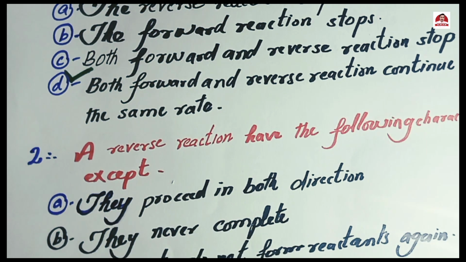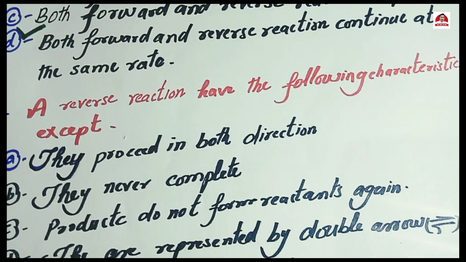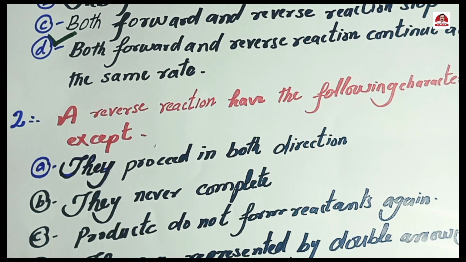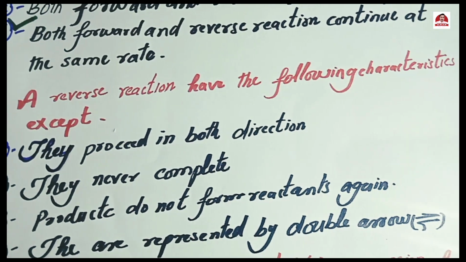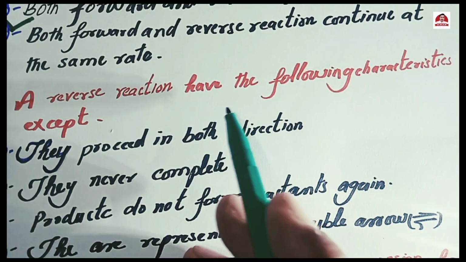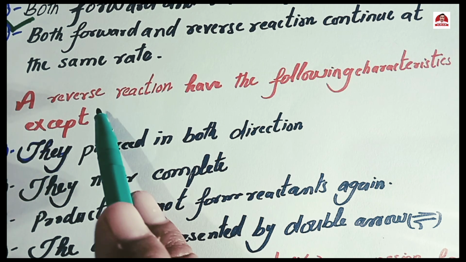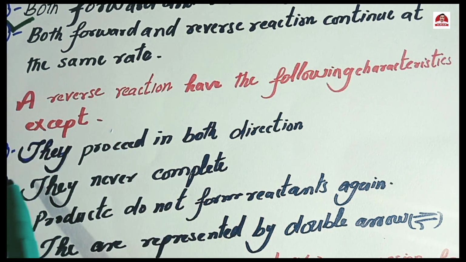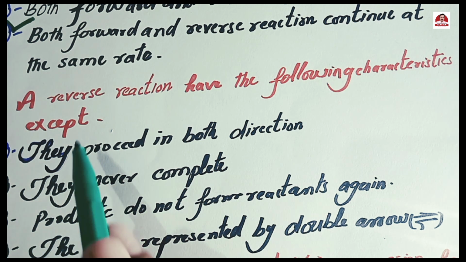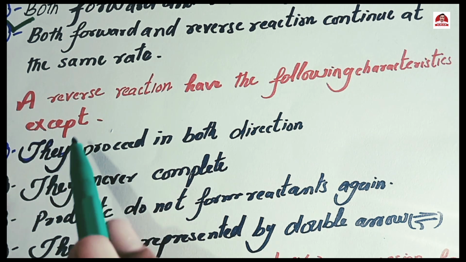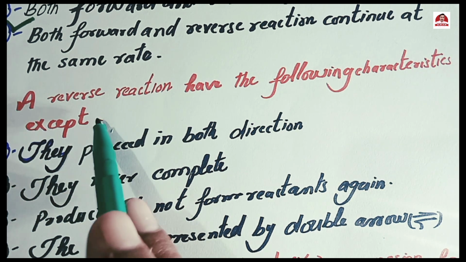Next, question number 2. A reversible reaction has the following characteristics, except. In this question, of the 4 options, 3 options are correct while 1 option is incorrect, so we will choose the incorrect option.